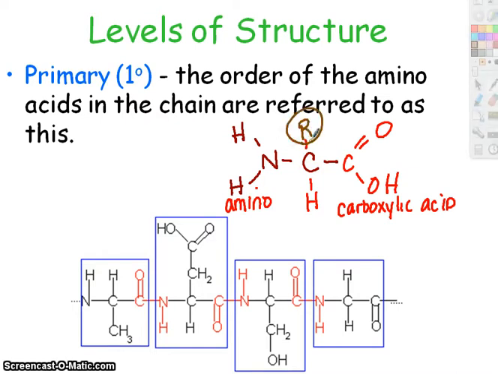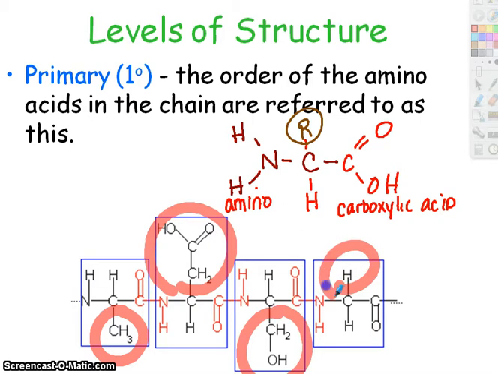So if we were going to describe a protein on the primary level, we might say this particular protein is 120 amino acids long. And the amino acids are in this order: leucine, glycine, valine, blah, blah, blah. They have names. In this diagram, instead of showing the letter R, they're actually showing you some of the R groups. So if we look here, here's an R group, here's an R group, an R group, an R group.